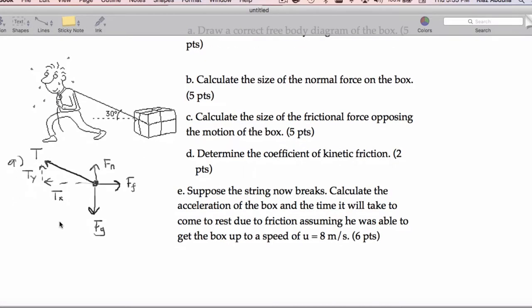A lot of people do this, and I really like it that people are doing this in their work. So right here, I'm going to write Ty is 240 times the sine of 30, and that'll give me 120 newtons. And we have Tx is 240 times the cosine of 30, which I believe is going to be about 208, but I just want to double check that math right now.